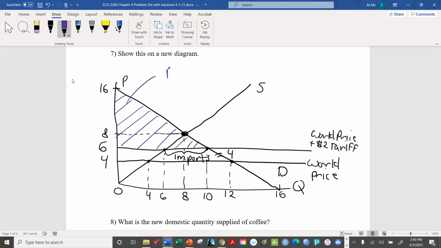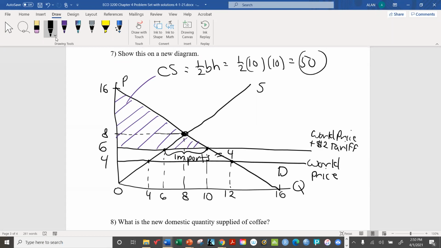So the new consumer surplus equals 1/2 of the base times the height. This time the base is only 10 and the height is only 10.